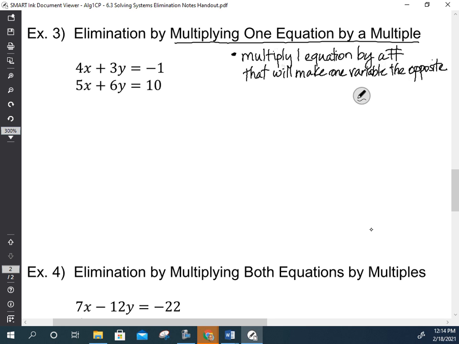Make one variable the opposite. Now you don't have to write word for word what I just put. If you want to shorten it for yourself, that's fine.